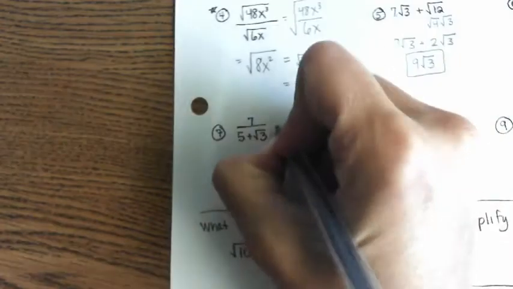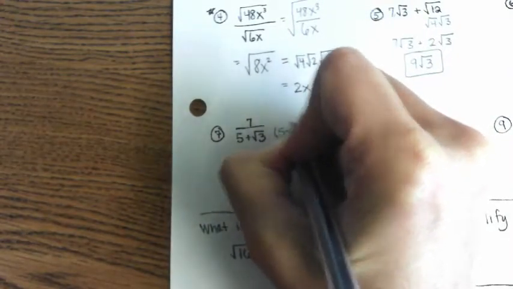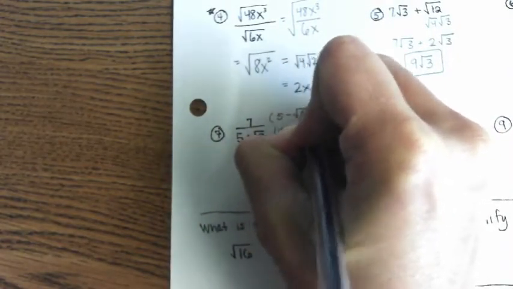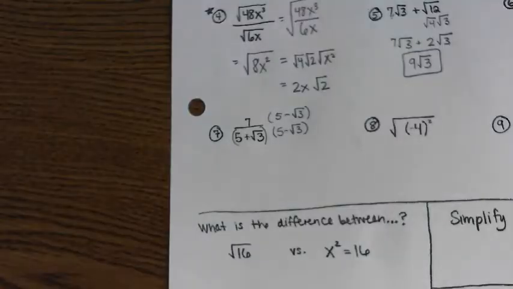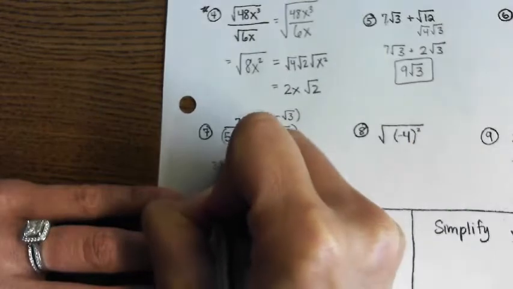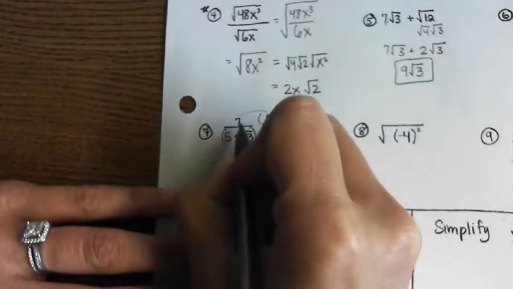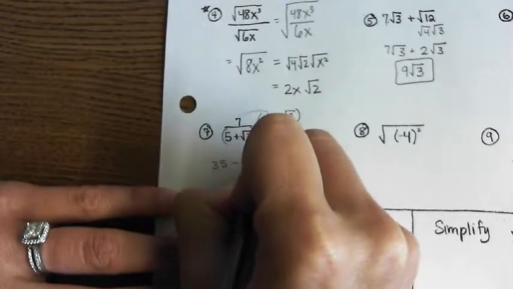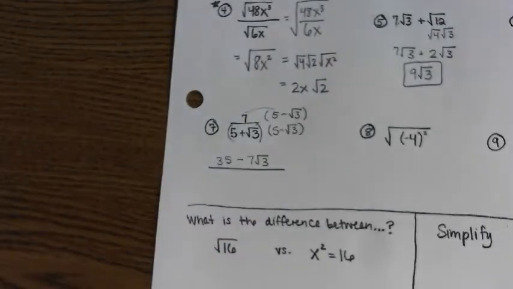Yep, that's correct. So 5 minus root 3. And then, of course, you have to distribute. So up top, when you distribute your 7, you get 35 minus 7 times root 3 is just 7 root 3. The beauty of conjugates is that your outer and inner, when you FOIL, will cancel.